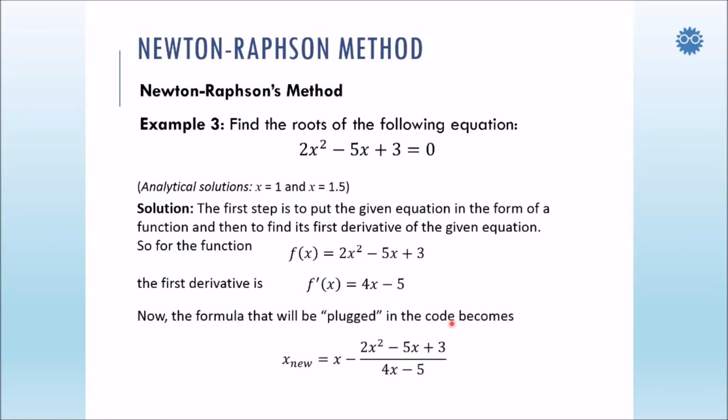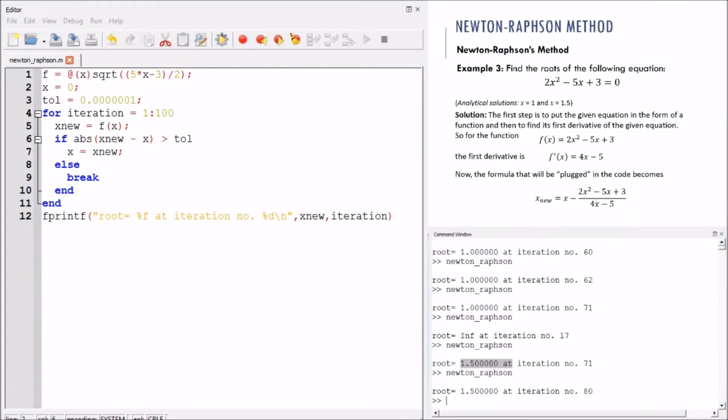Then the formula will be plugged in the code in this form. So this is the function, and this is its first derivative, and this is the whole formula of Newton-Raphson method. Now let's go to our IDE and make this slight change and see the effect of this change on the solution.